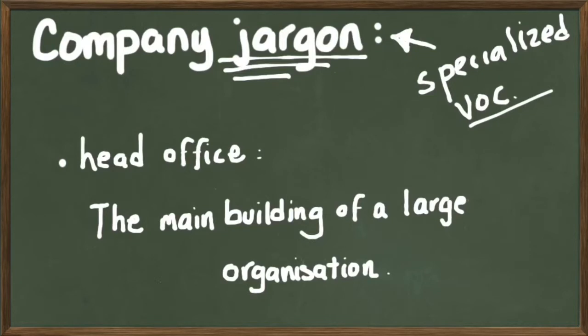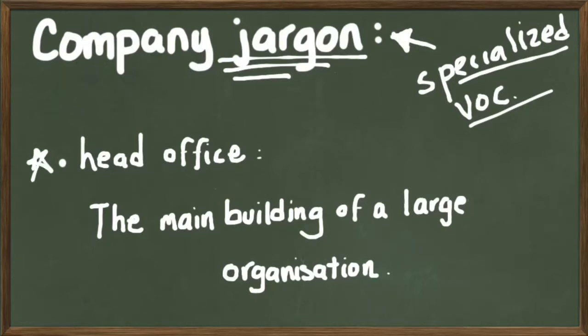In this case, jargon is all the vocabulary that you need to know in order to conduct yourself in business correctly. You can check it out on Google, or you can ask your teacher if you did not understand it, but it's quite simple. It's just specialized vocabulary. I'm pretty sure this word is correctly spelled. I hope it is.